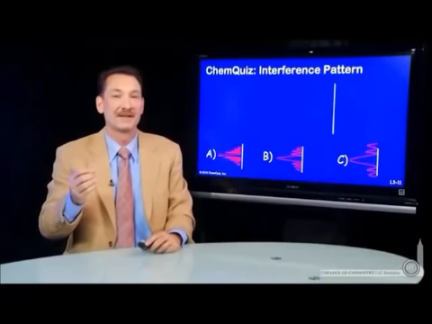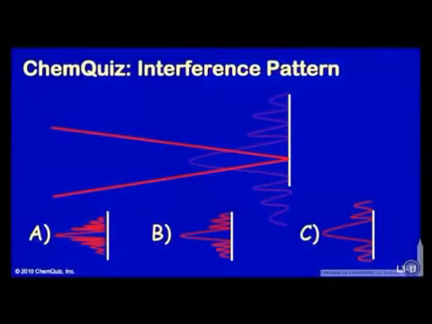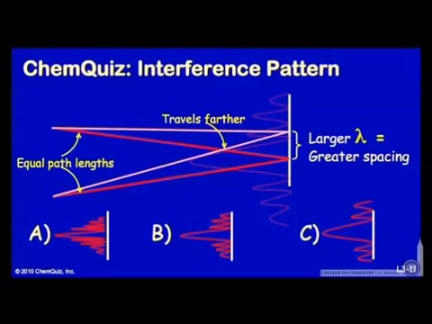When you change the wavelength in a two-slit experiment, what do you expect will happen? Well, what we know from our two-slit wave interference pattern is two slits cause a high intensity then low intensity because the paths are equal right between the two slits. But if you go to the first peak, say, then one wave has to travel farther than the other, and it's that extra distance that causes either constructive, a bright spot, or destructive, a dim spot, interference on the screen.